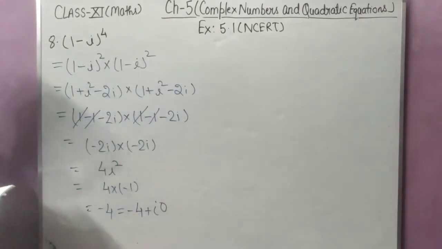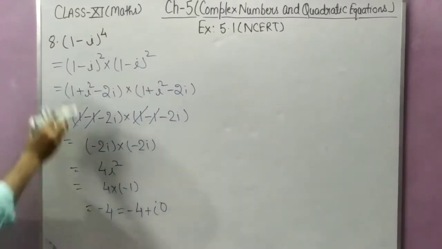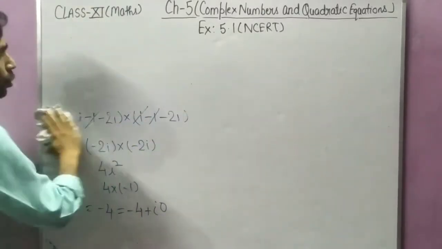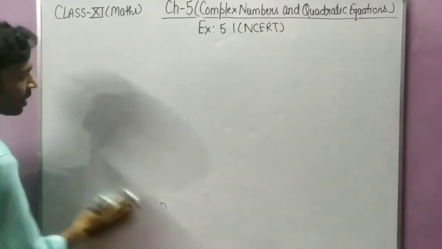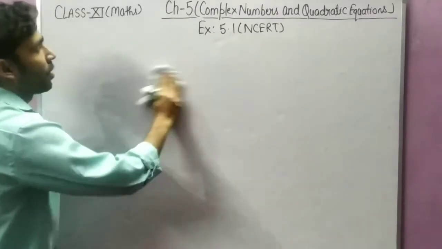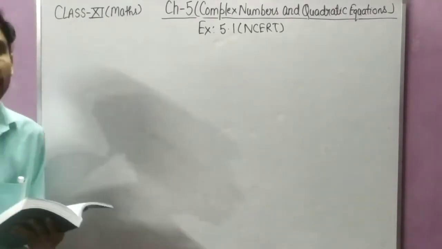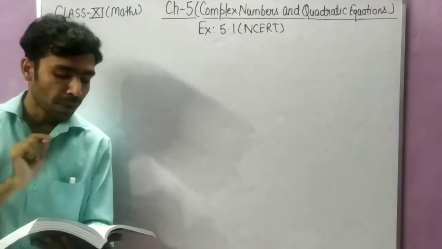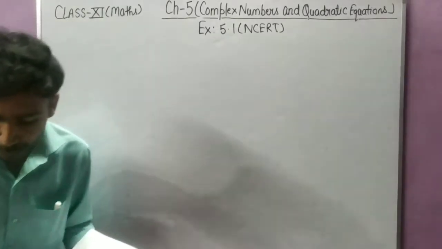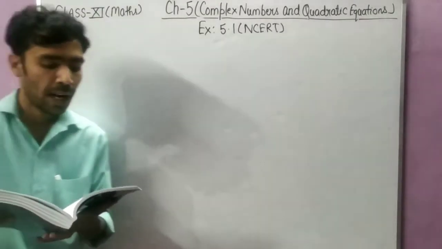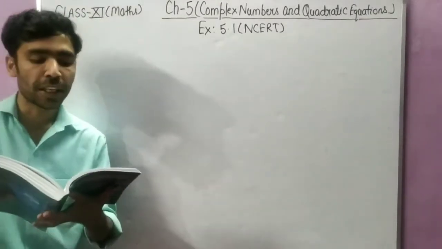Now, students, from question number 11 to question number 13, you have to find the multiplicative inverse. I'm not going to write the question because I'm hoping that you all have mathematics books. And I told you the formula of multiplicative inverse.